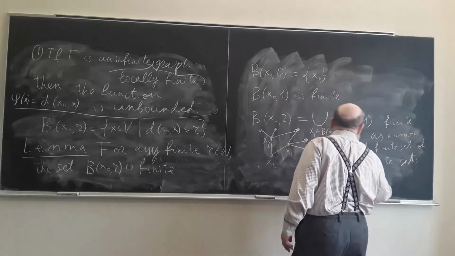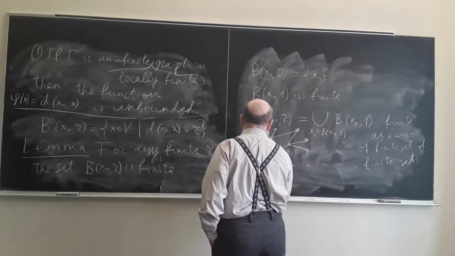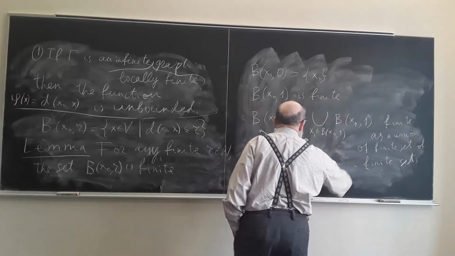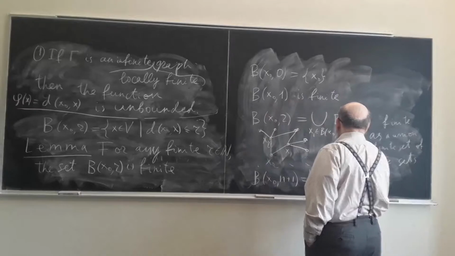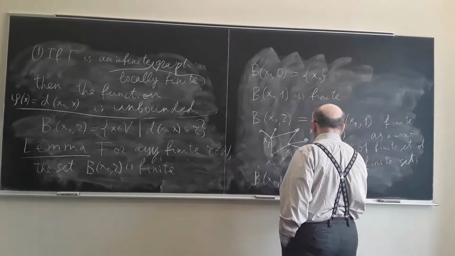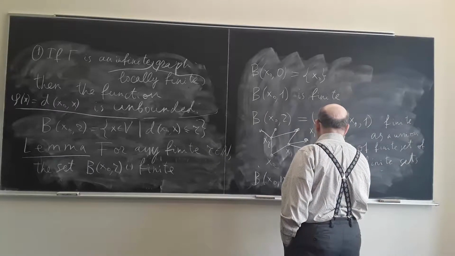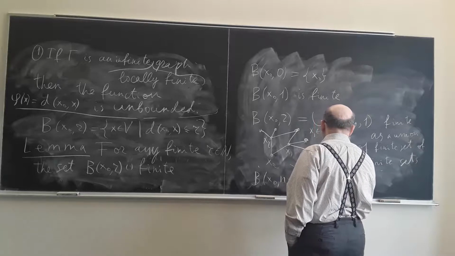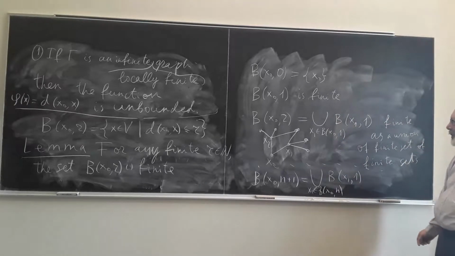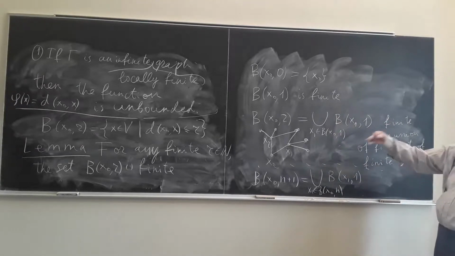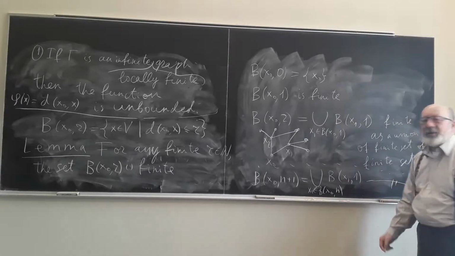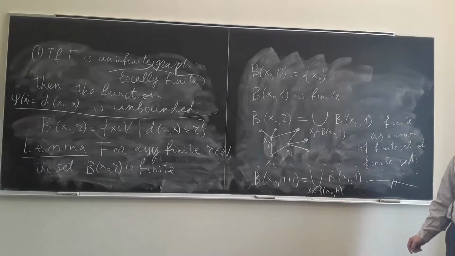Now, and so on by induction. B of x0, n plus 1 is the union of B of x1, 1 over x1 in B of x0, n, by the same principle. So at every step it is the same: a finite union of finite sets.